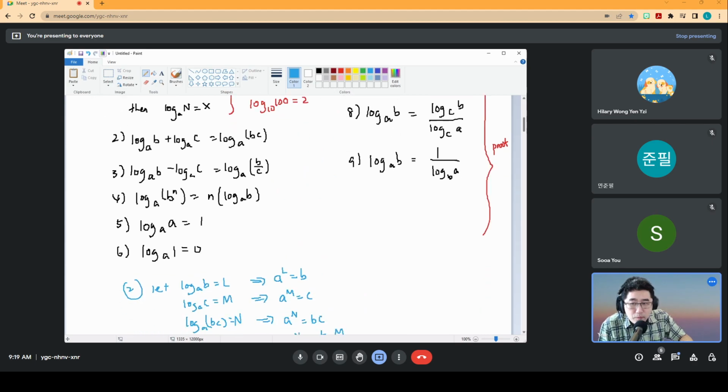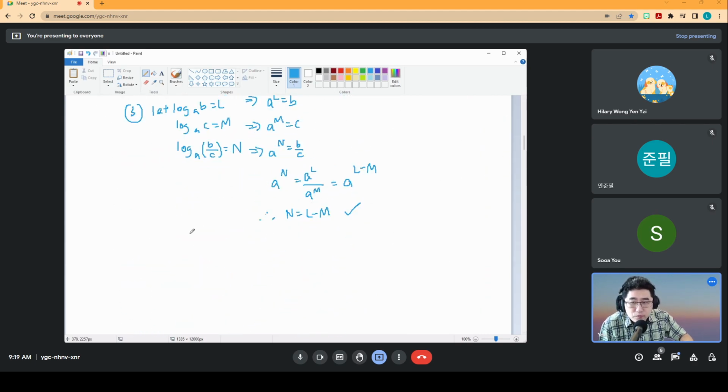Number 4, log_a of b to the power n. Why can the n be put to the front? What exactly is the reason? Here, b to the power n means b times b times b.